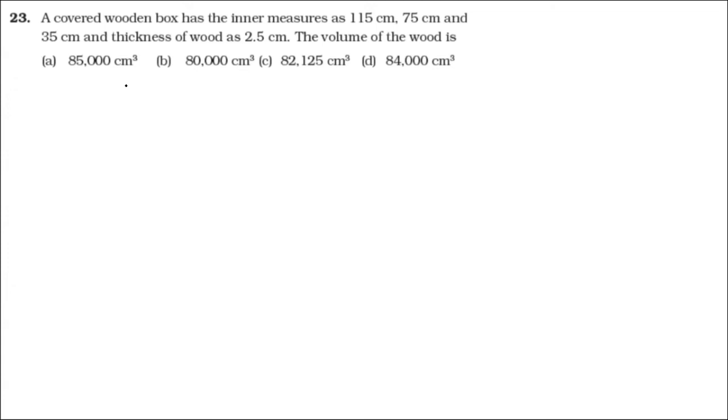So when we consider the thickness of the box, we can find out the outer measure of the box. It's something like this. For the inner measure, we have 115 centimeter. To this, we can find the outer length.